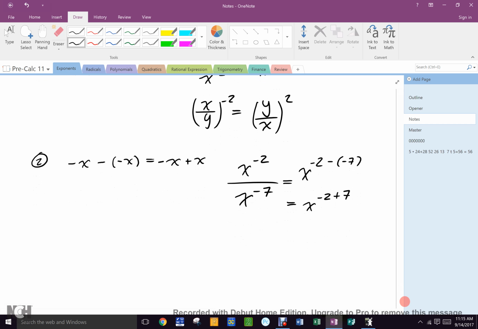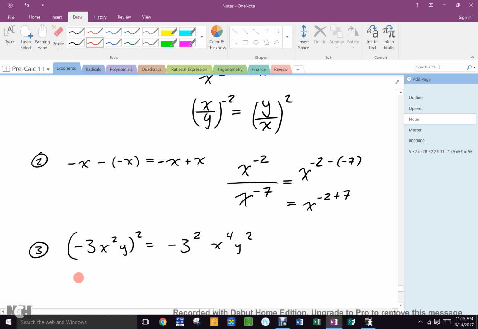And finally, negative 3x squared y to the 2 is negative 3 squared x to the 4 y squared.